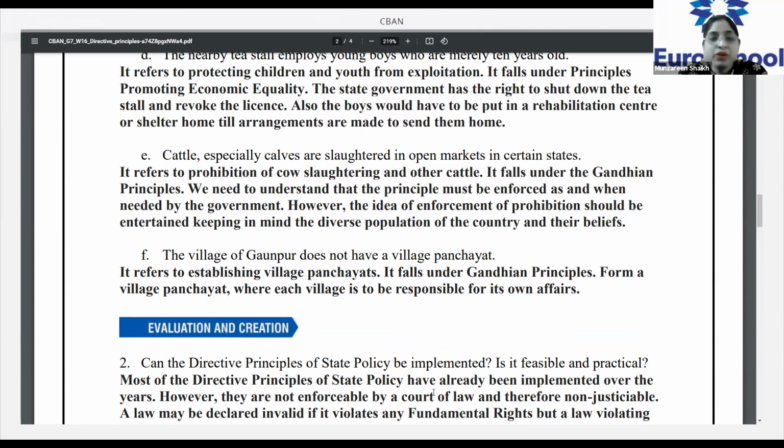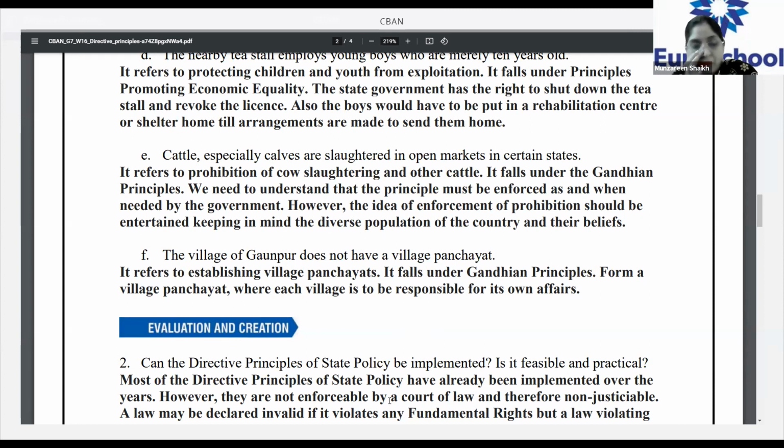Very good. But what do you think is the solution for this problem? Ma'am, we should inform those people not to kill animals. Right, you should first inform them, and you should also make sure that the government is informed, right? The higher authority is informed about this. And what else? Ma'am, to inform the government to ban the slaughter of cows.